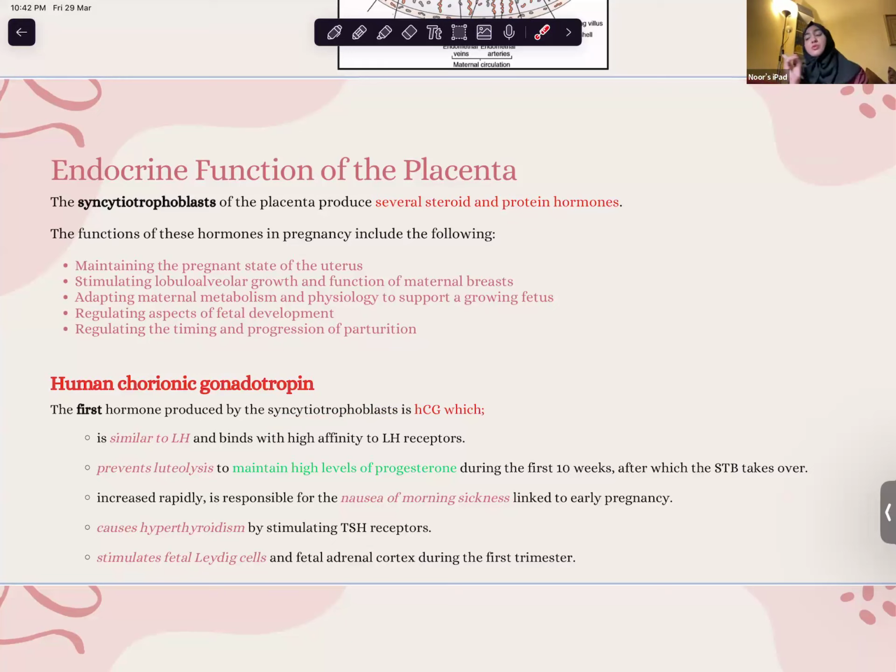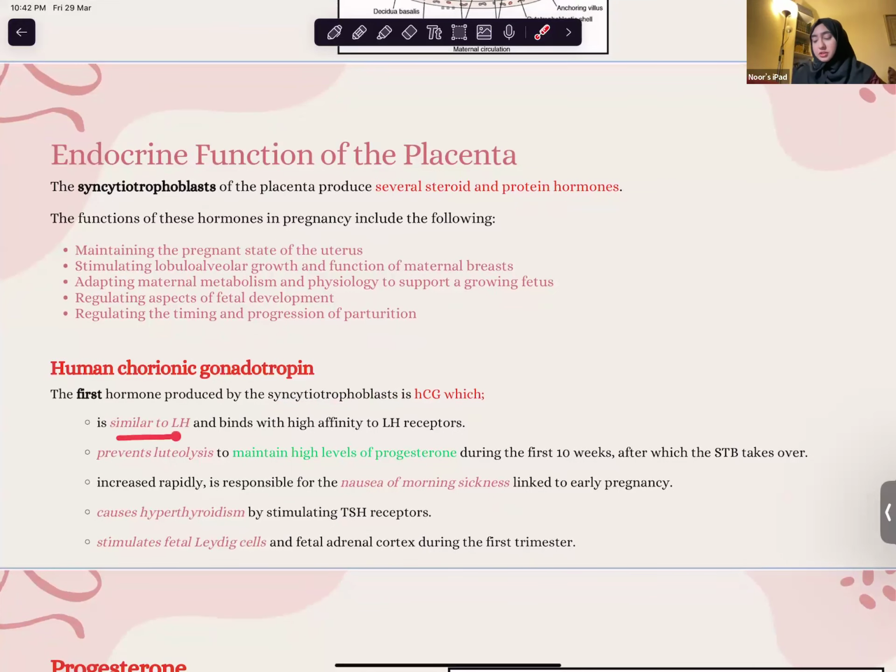It is released when the fertilized embryo is attached to the wall. That is the time when HCG is produced. It's similar to LH, and it binds with high affinity to the LH receptors. It prevents luteolysis to maintain high levels of progesterone during the first 10 weeks.